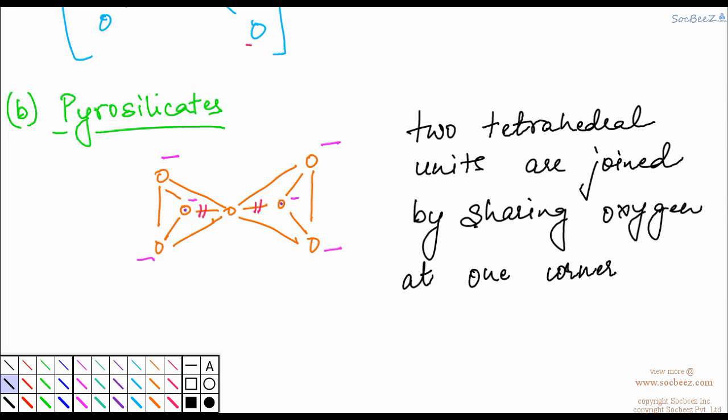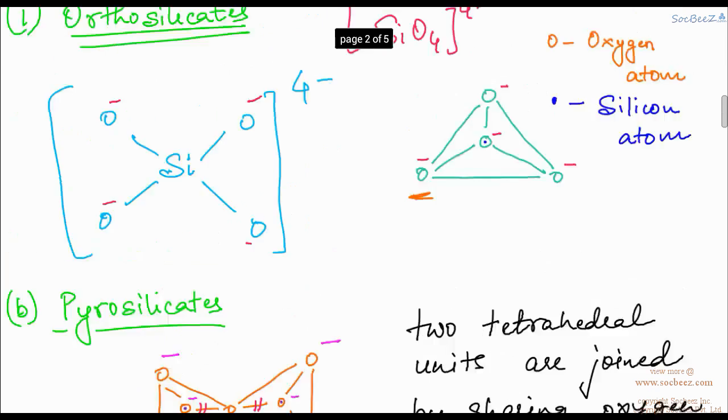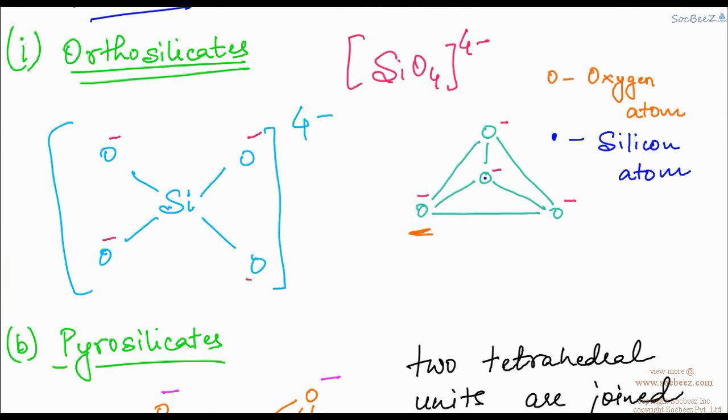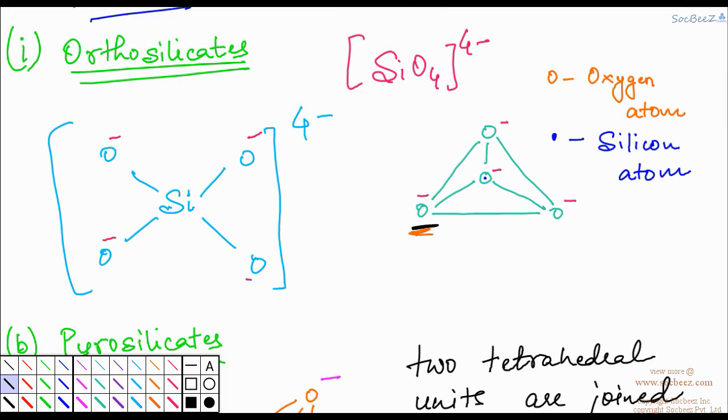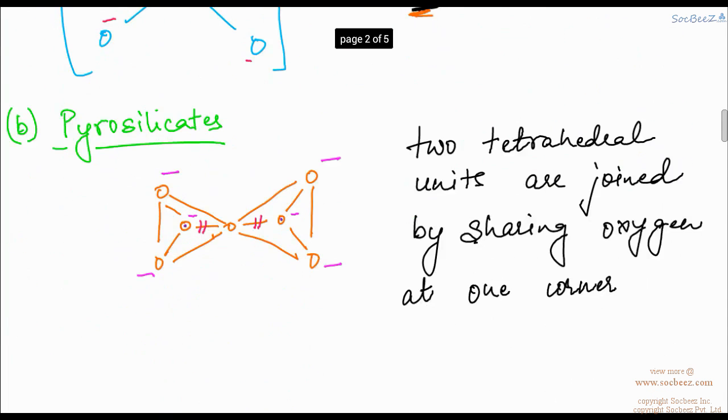So basically, two tetrahedral units, see, this was a tetrahedral unit, so the point was that we shared this oxygen. So when two tetrahedral units share an oxygen, then pyrosilicate is formed.